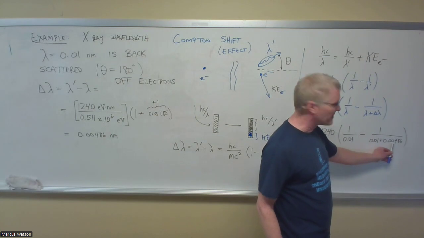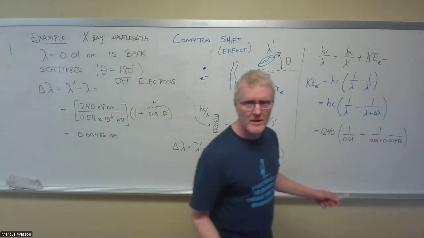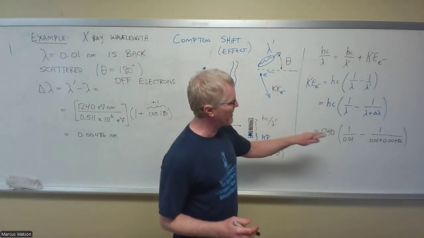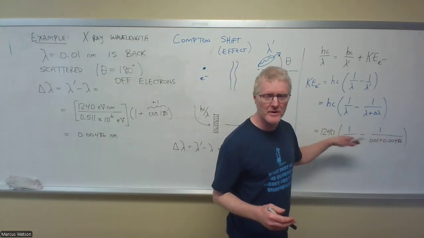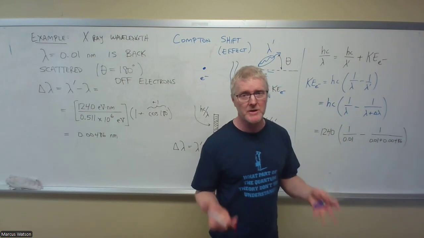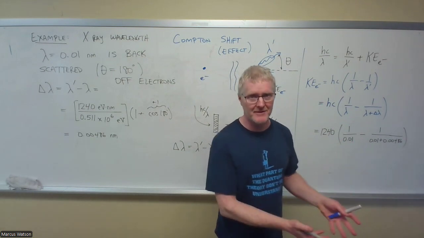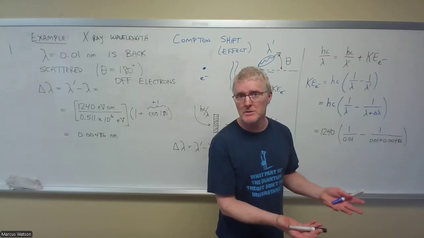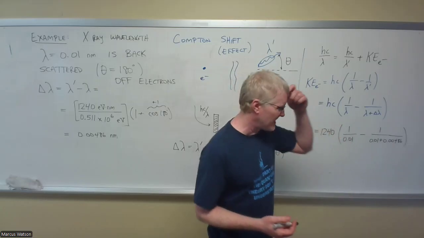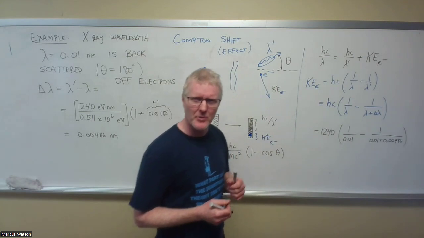Remember now that's going to be a larger number in the denominator, thus making the overall fraction less than the original one, which is good because we do not want the kinetic energy to come out negative. That would not work physically. That would tell you that something's gone wrong.